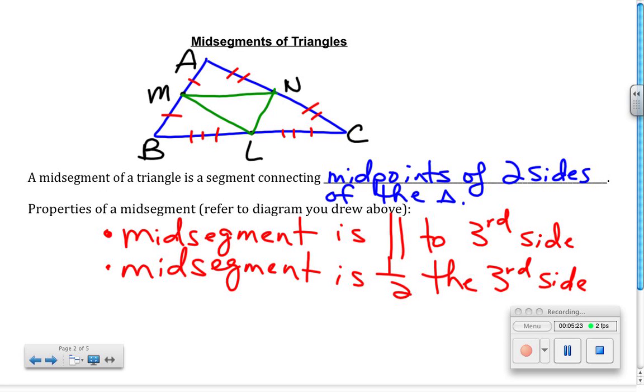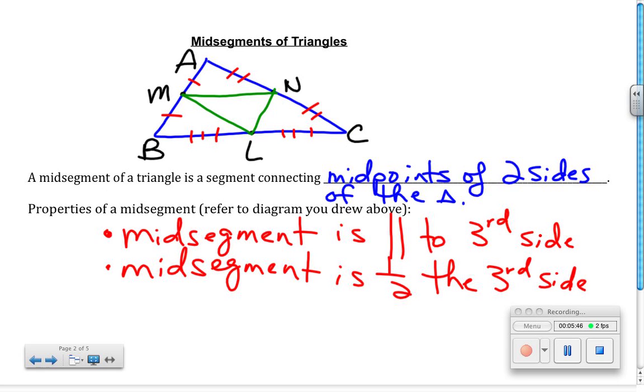Okay, I apologize if that whole, there's 4 congruent triangles inside this one triangle, kind of threw you for a loop for a moment. But the point that I wanted to emphasize is that triangle MBL and triangle LNC are congruent. That's the point that I wanted you to notice.